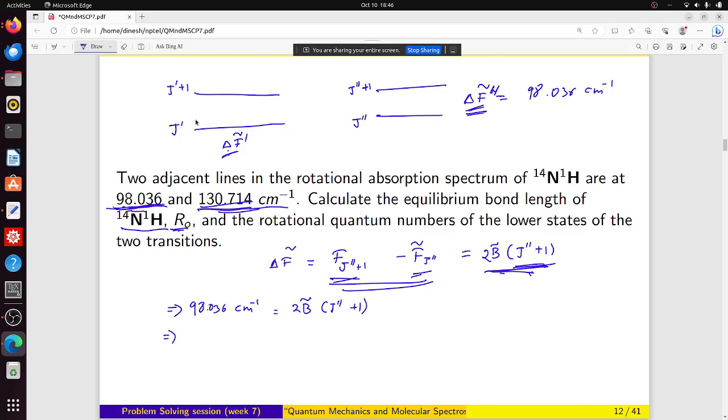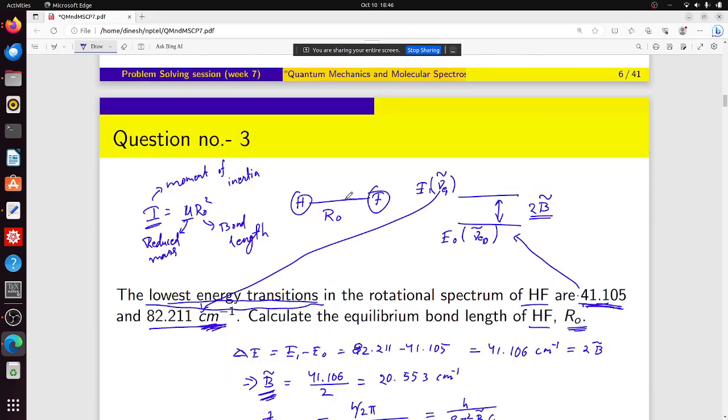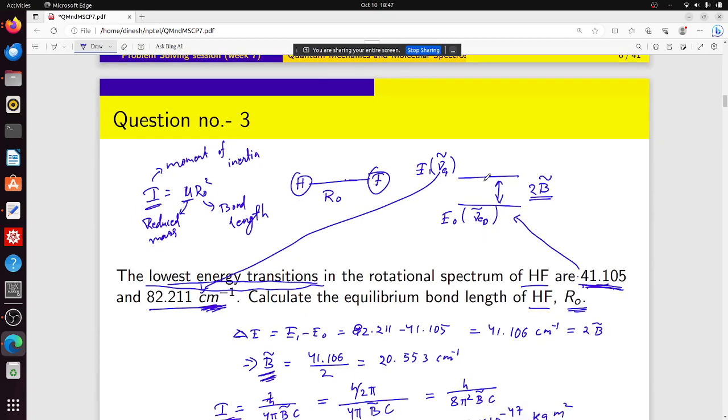Sorry for the confusion. So we did already do this in the previous question, right? There were two states.